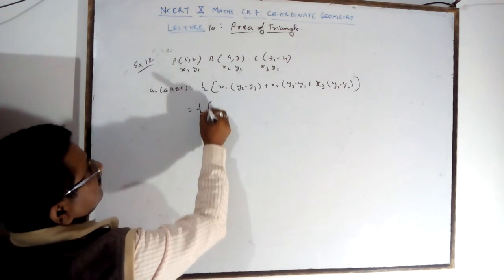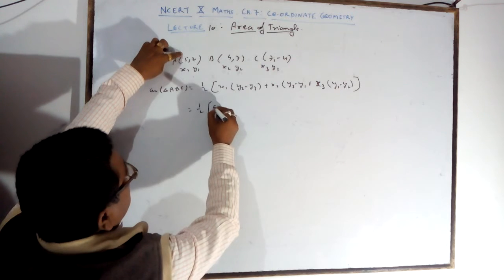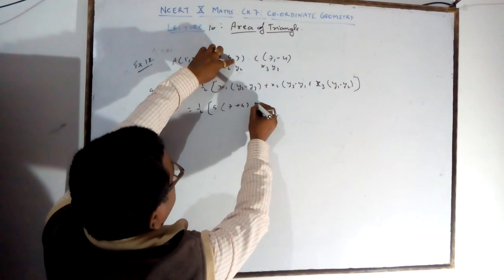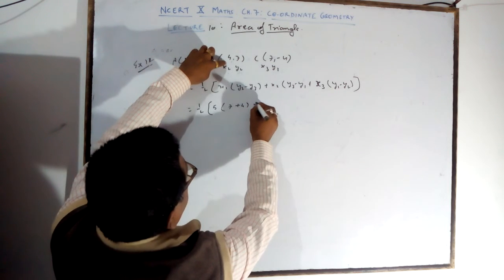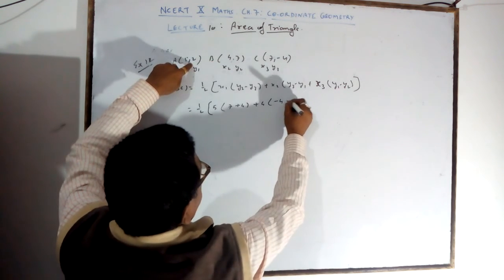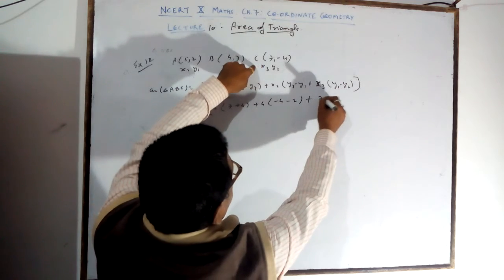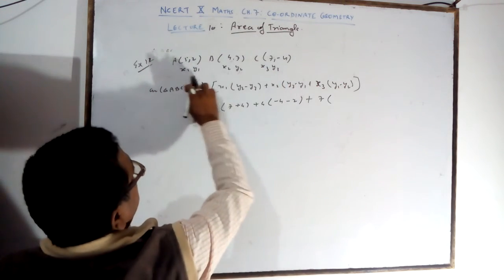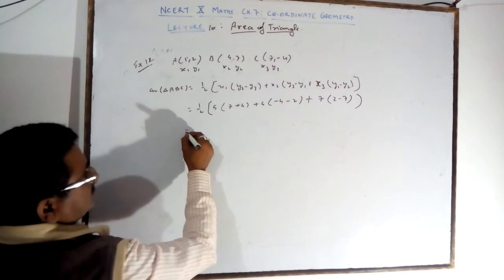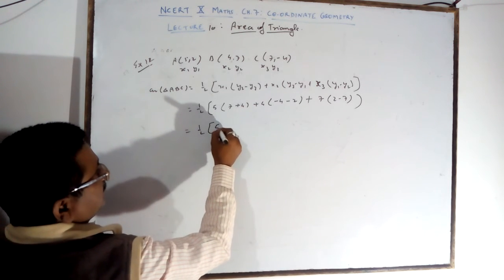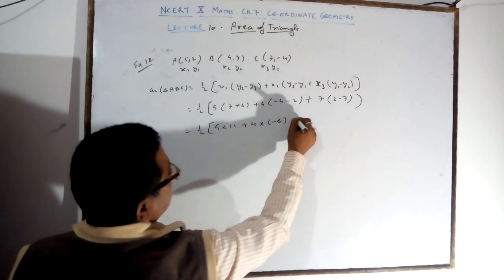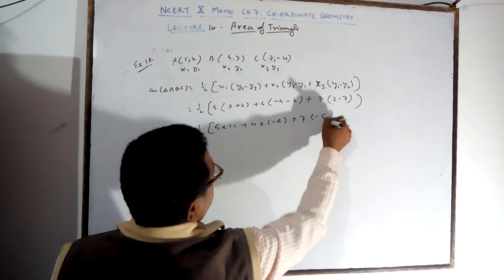Put the values. 5, 7 minus minus 4 means 7 plus 4, 4 minus 4 minus 2, 7, x3 is 7, y1 minus y2, 2 minus 7. You put the value. Half, 5 into 11, 4 into minus 6, 7 into minus 5.